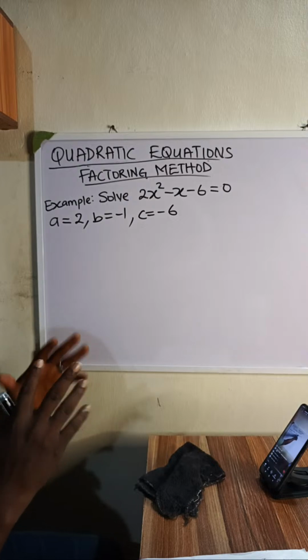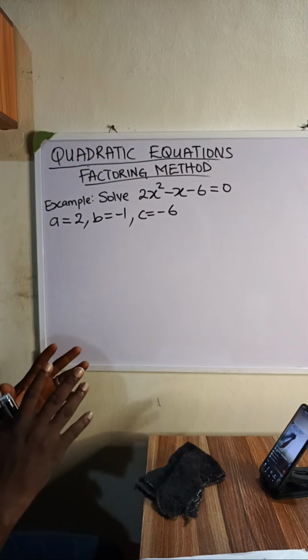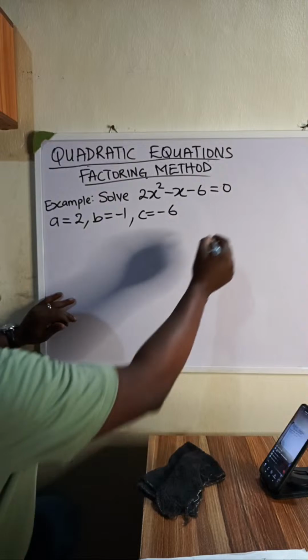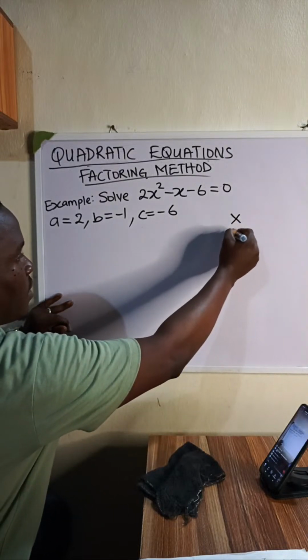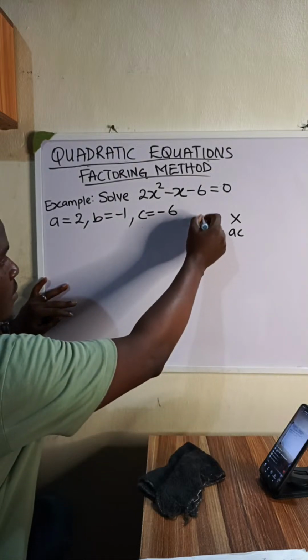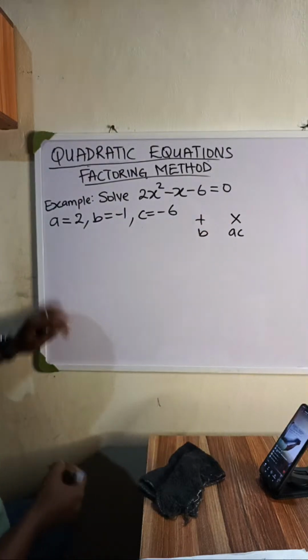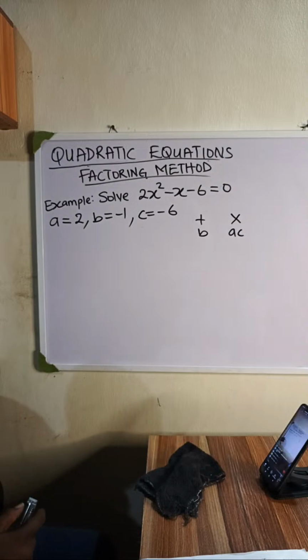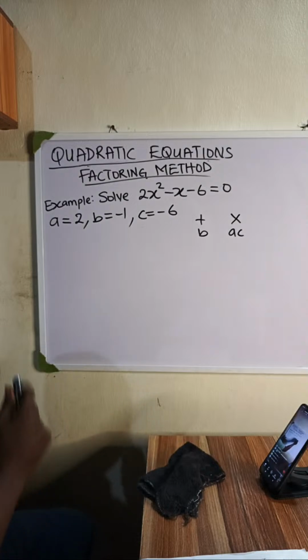The next step is we are looking for two numbers that will multiply to give us AC, and those same two numbers will add to give us B. Who can tell us what our AC is?